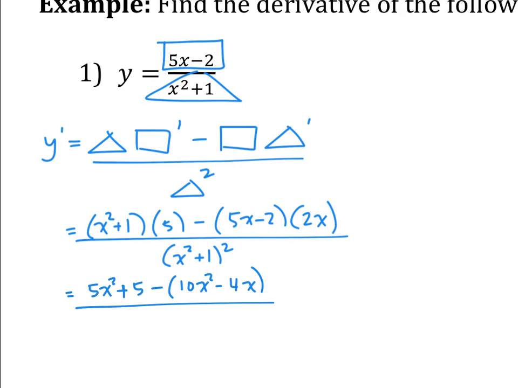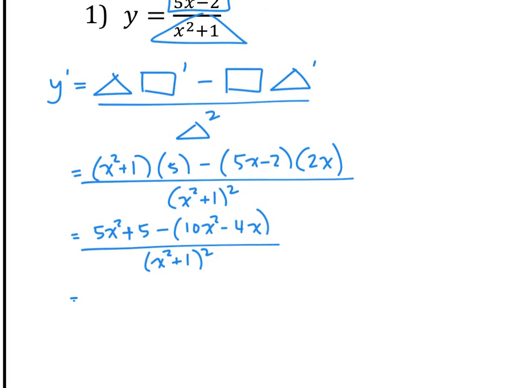All right, so we are going to FOIL. Please don't distribute the square. Actually, let's leave it as is, just in case there's a factor I can cancel. We'll see. Okay, 5x squared plus 5 minus 10x squared plus 4x over x squared plus 1 squared.